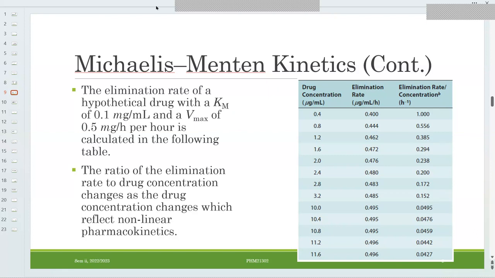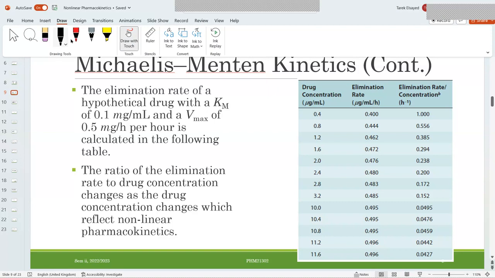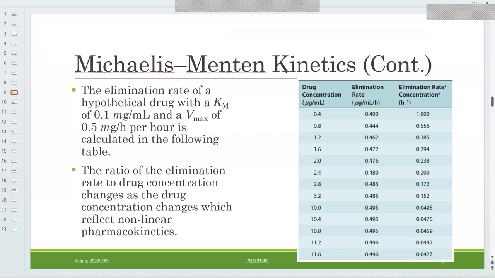Contrary to linear pharmacokinetics. In linear pharmacokinetics, the equation was that the elimination rate equals K elimination times dose. So the elimination rate equals Ke times volume of distribution times Cp, isn't it?